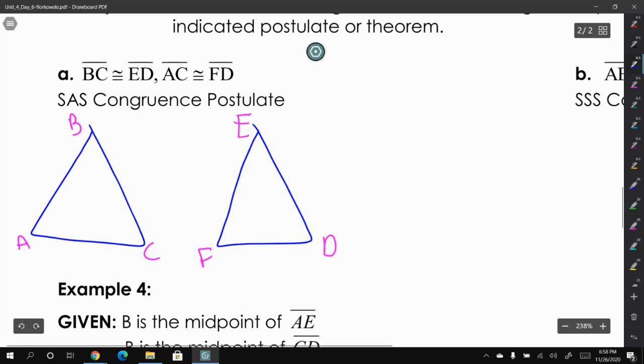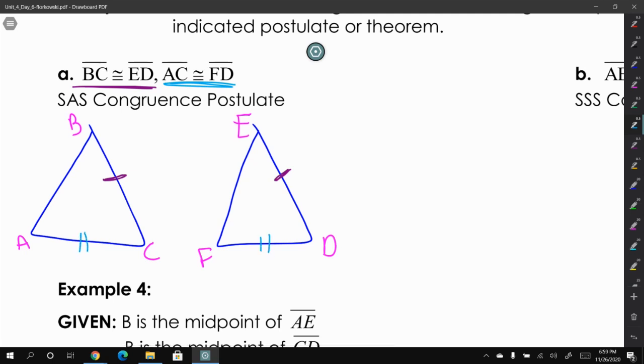So now this problem is saying that BC is congruent to ED, and AC is congruent to FD.